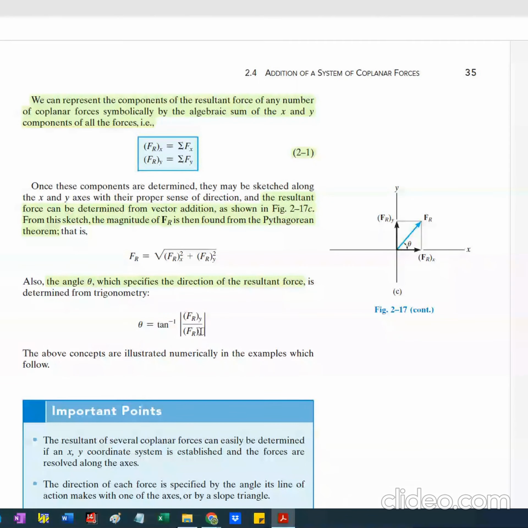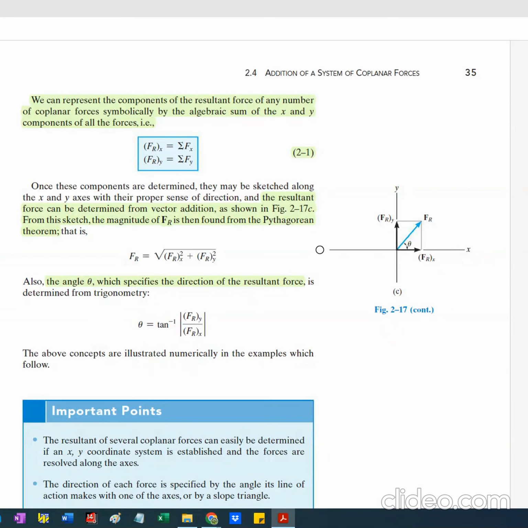So you look at these signs. If they are both positive, Fry is positive, Frx is positive, the resultant is in the first quadrant. If both are negative, then it's the third quadrant, both projections negative. If x is positive and y negative, it is the fourth quadrant.